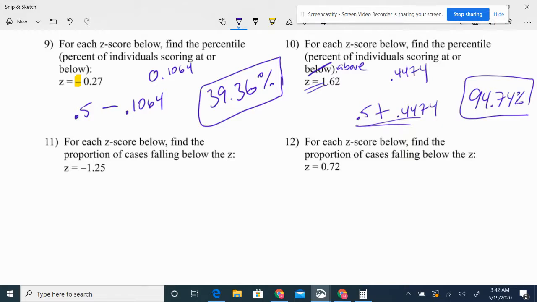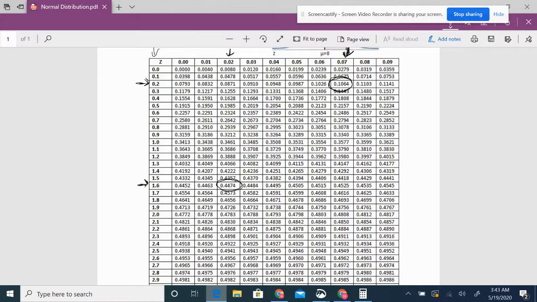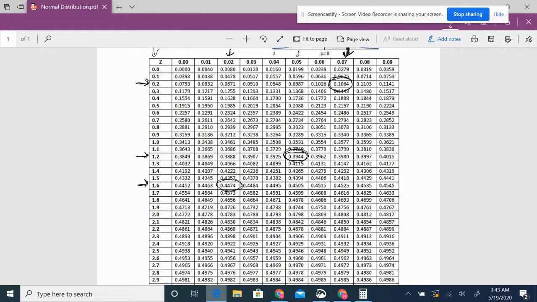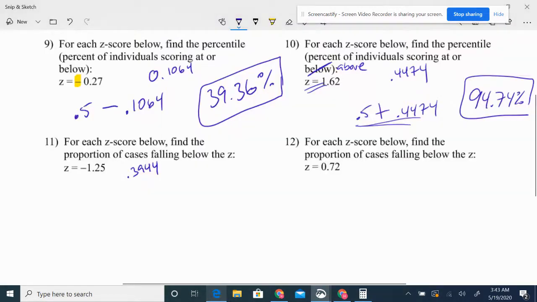Okay, so let me get my table. 1.25: here's 1.2, here's the 5. So 1.25 is here. 1.25 is 0.3944.